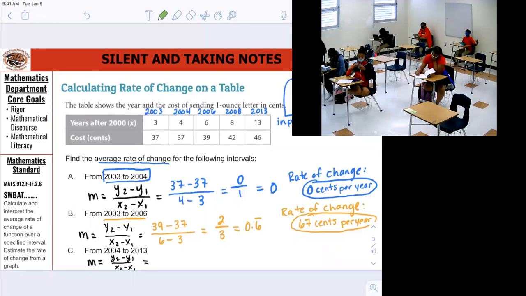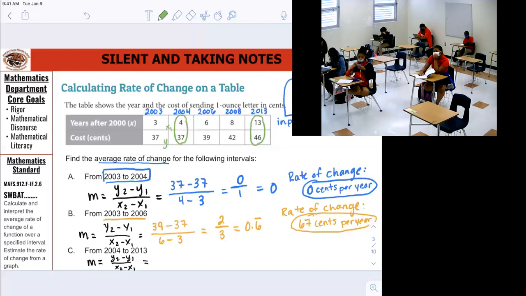Let's find out. So I'm looking from 2004 to 2013, so I'm going to circle those two numbers. Which one is my X1? 4, good. Which one's my Y1? 37. Good.